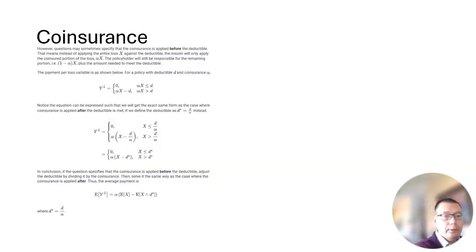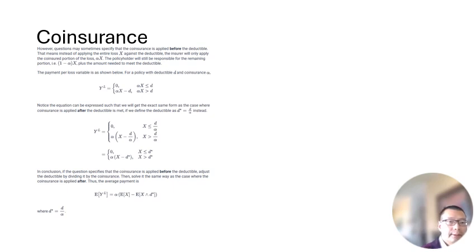Earlier we talked about coinsurance where we apply the deductible first, then we apply the coinsurance factor alpha. However, questions sometimes specify that the coinsurance is applied before the deductible.